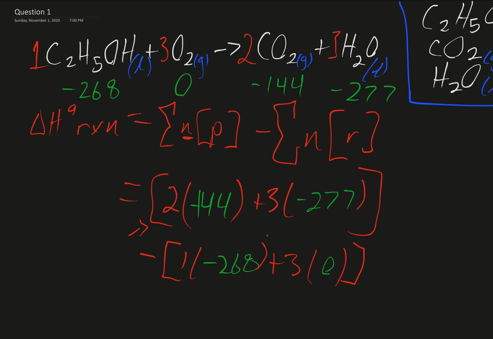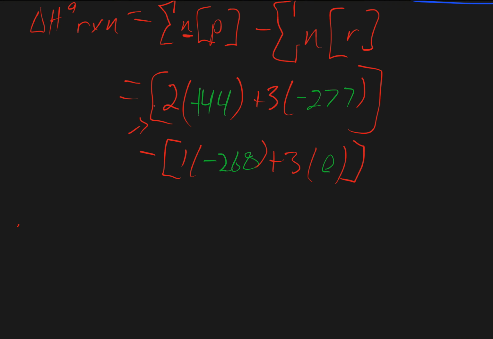So now let's try to simplify this problem a little more, right? So now let's see. For 2 times negative 144, we're going to get negative 288, right? Negative 288, and then 3 times negative 277 is going to give us a negative 831.